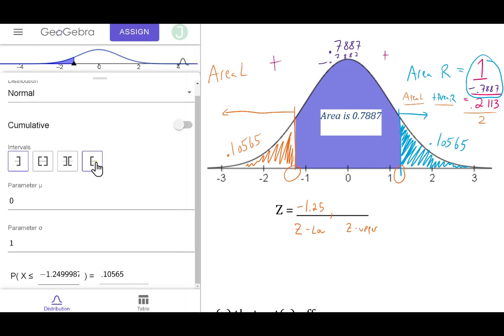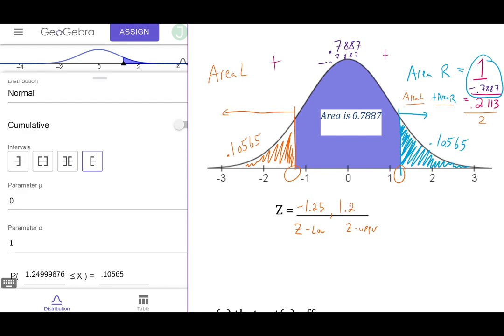And then if we type in to the right area an area of 0.10565, we'll get a z-score of positive 1.25. Again, we're looking for two different values, a lower z-score and an upper z-score.